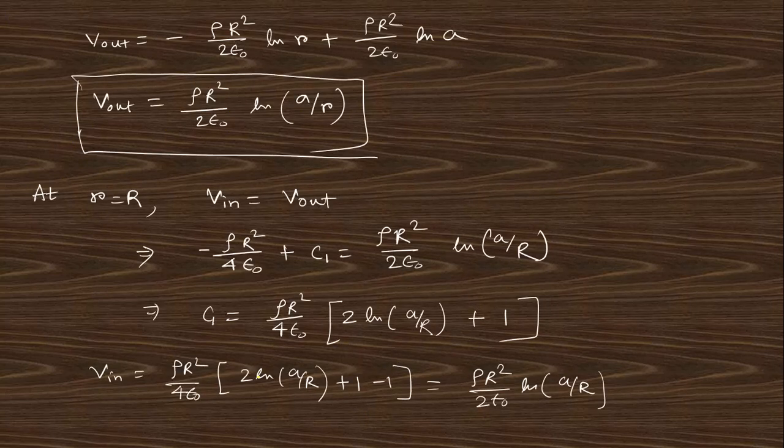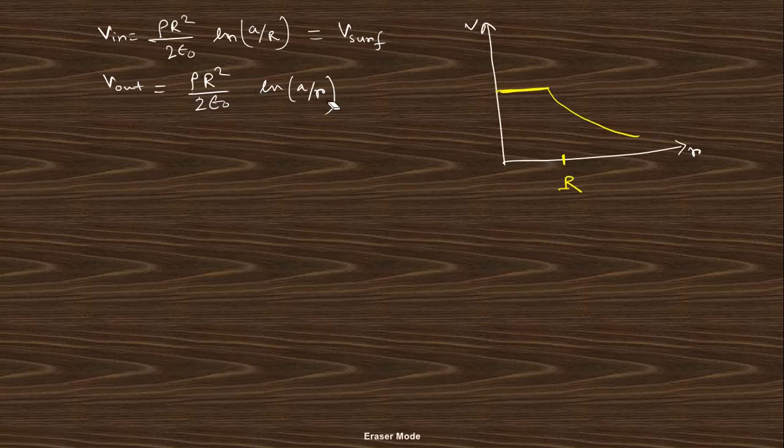There is an r square, and this was the small r square, sorry, this is r square by capital R square minus r square by capital R square. Clear? This was minus capital R square by cos square. So for V in this was rho r square by 2 epsilon naught, ln a by R plus 1 minus r square by capital R square.